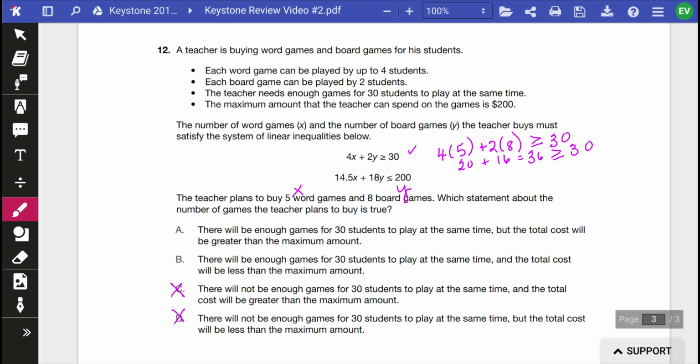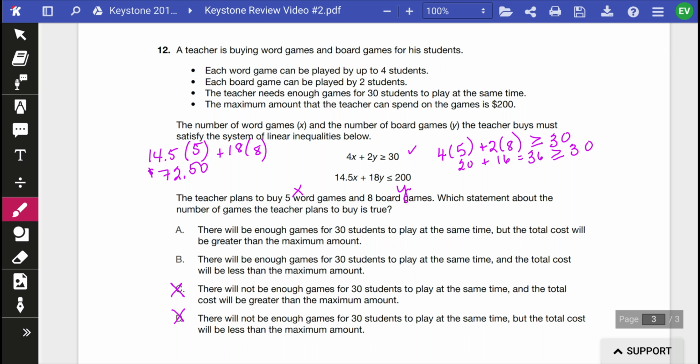If we do the other piece, so 14.5 times 5 plus 18 times 8. And look at that piece. So we have 14.5 times 5 gives us $72.50, because remember, we're talking about money and buying these games.